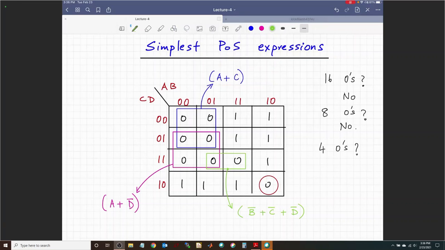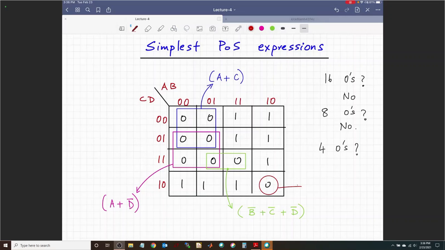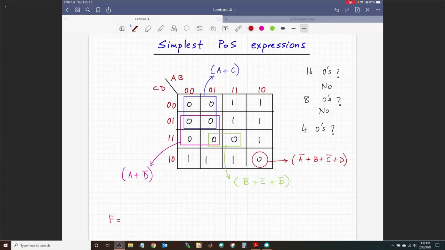All right, so let's try to look at the last one here. Last one is right there. That is going to be A is a 1, B is a 0, C is a 1, D is a 0. That's it. That's my F. Now I need to do a product between all those sum terms that I wrote.